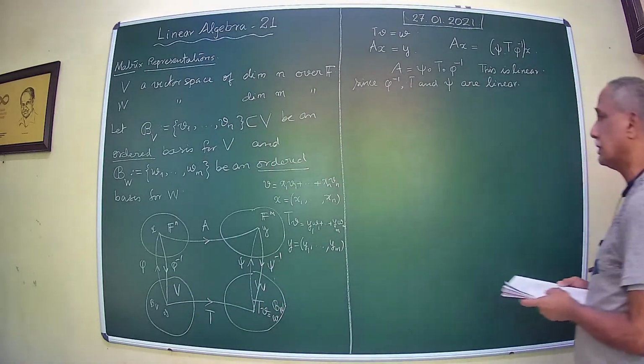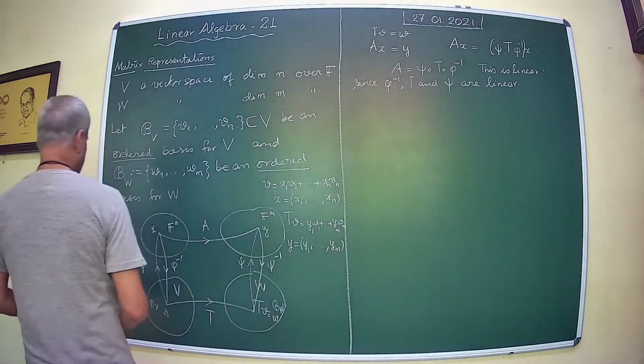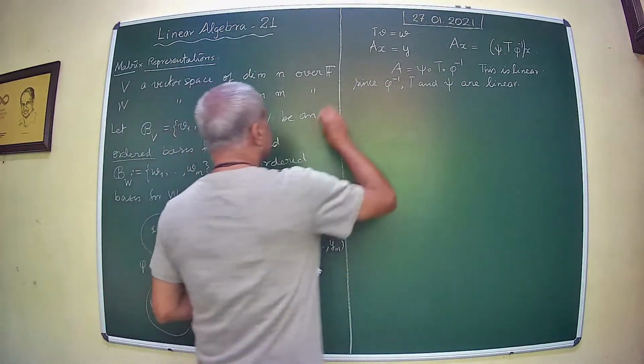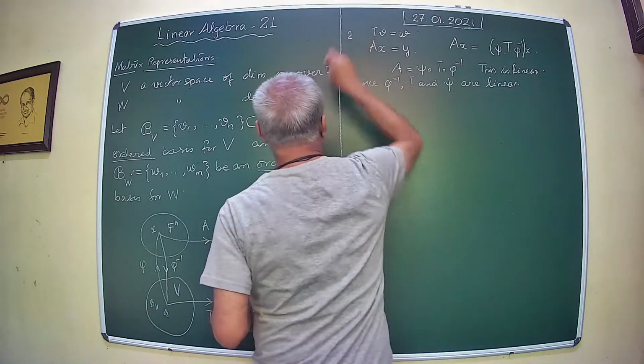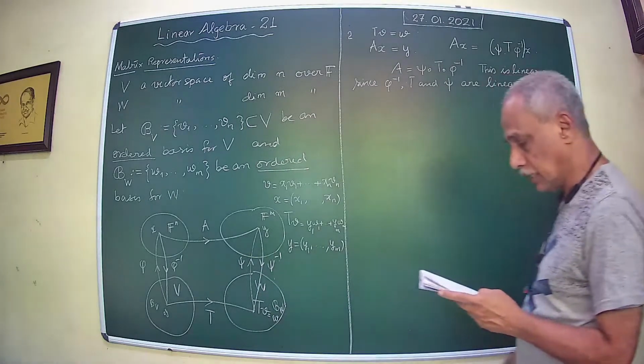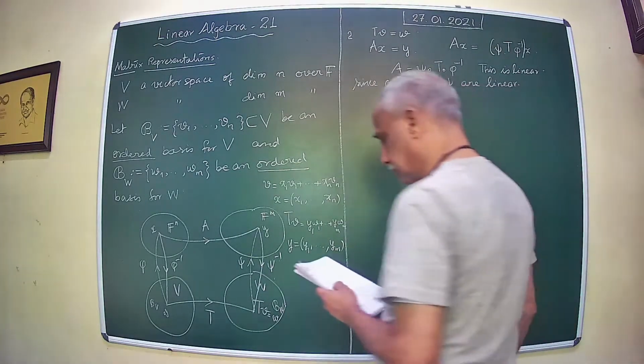Now we make some further observations about this. So this is the second observation. The third observation is we also make this a little more elaborate.